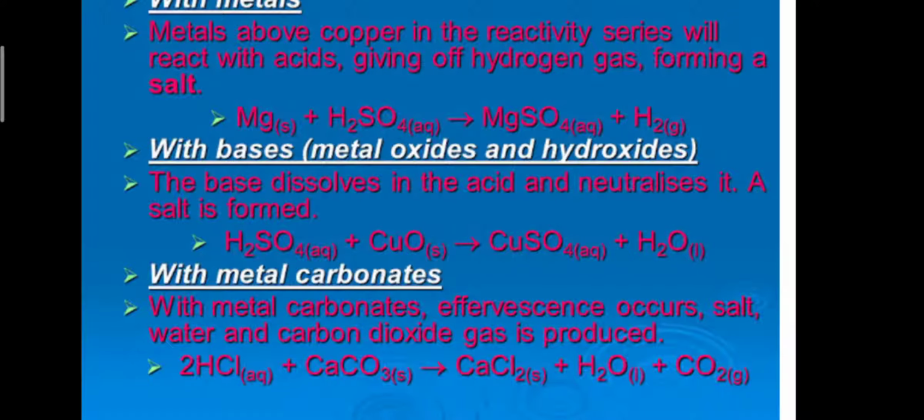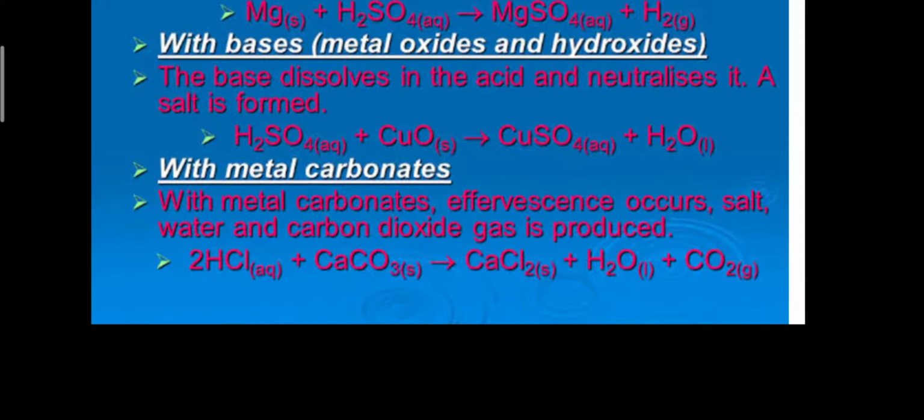A salt is formed when an acid reacts with a metal oxide; a salt and water are formed. For example, when H2SO4 reacts with copper(II) oxide, it forms copper sulfate and water.